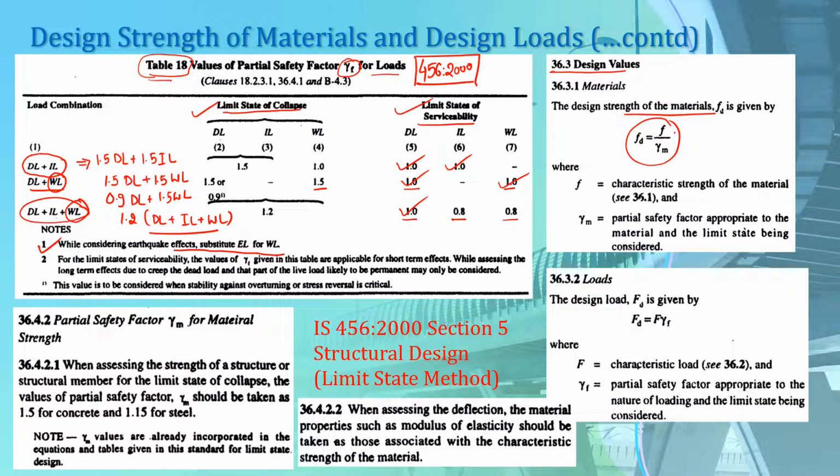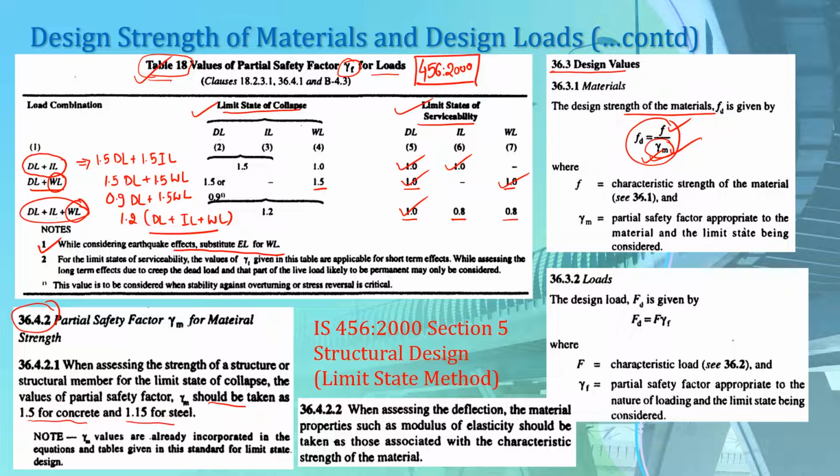The design strength is given by the characteristic strength F divided by the partial safety factor appropriate to the material and the limit state being considered, that is gamma M. So this Table 18 gives the value of gamma F, but to find the design values for the strength of materials, we use the partial safety factor gamma M, and the gamma M value is given in clause 36.4.2. Gamma M should be taken as 1.5 for concrete and 1.15 for steel.